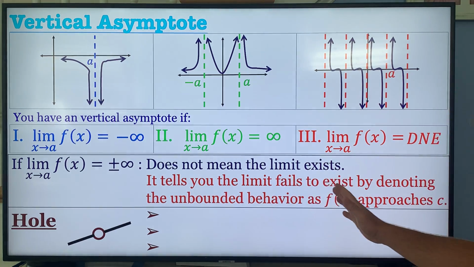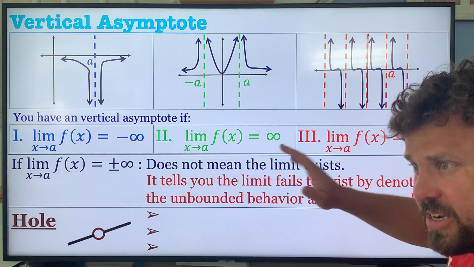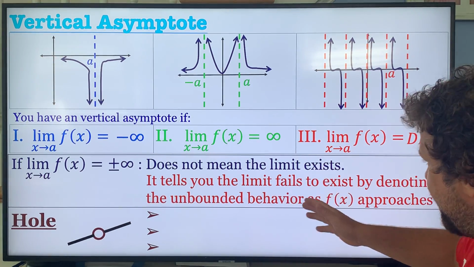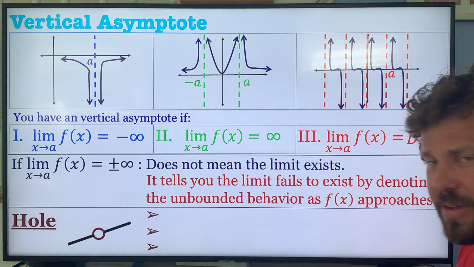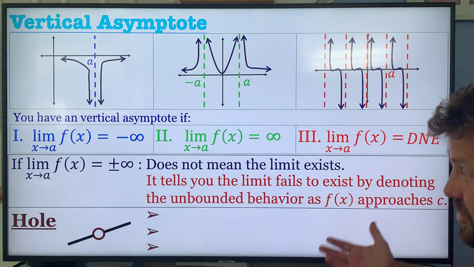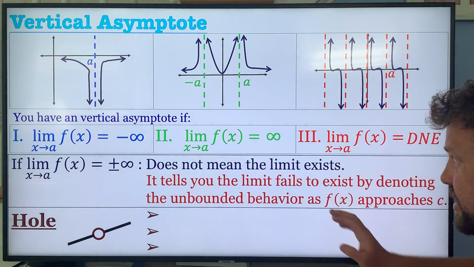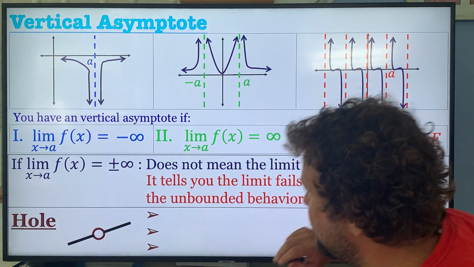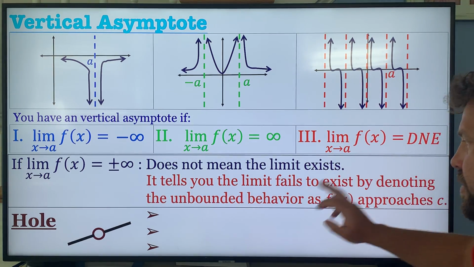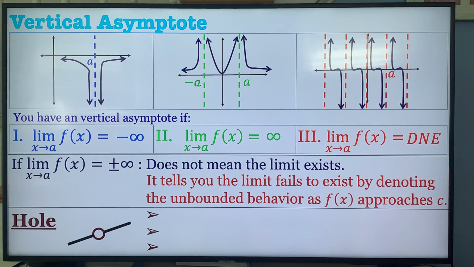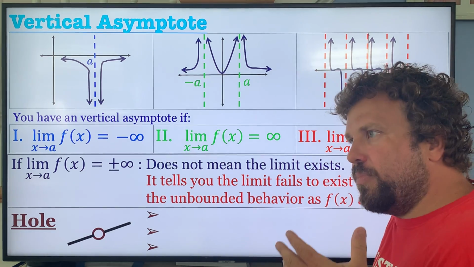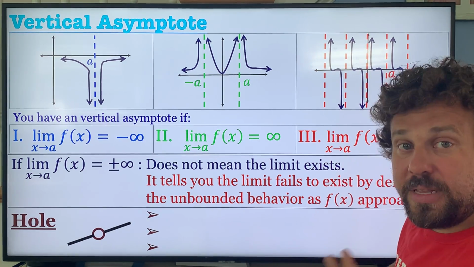It tells you, and this took me like years to even comprehend because I hated it, but once you do it enough, you understand it. Well, you have to because it's fact. It tells you the limit fails to exist. So this actually says the limit doesn't exist by denoting the unbounded behavior as f of x approaches c. So we already know anytime you have unbounded behavior, the limit doesn't exist.